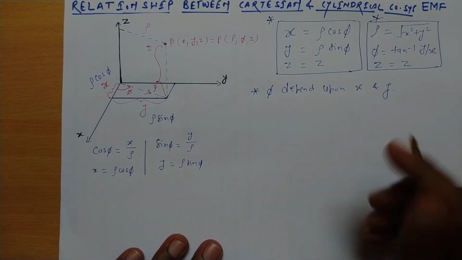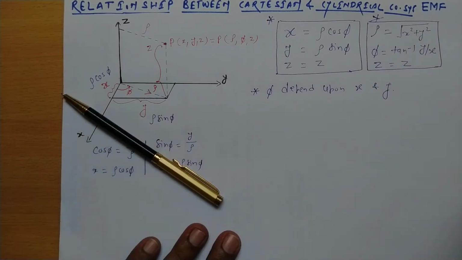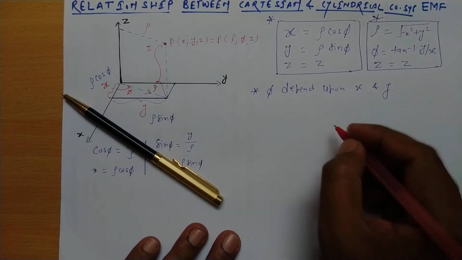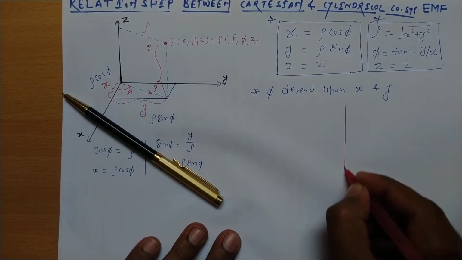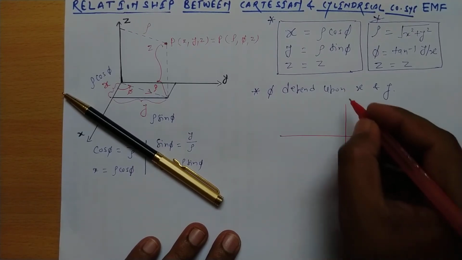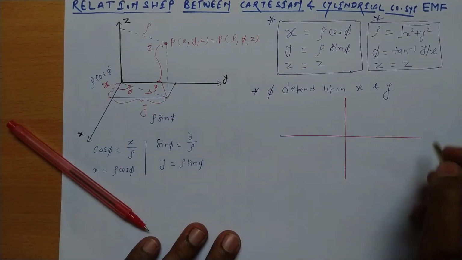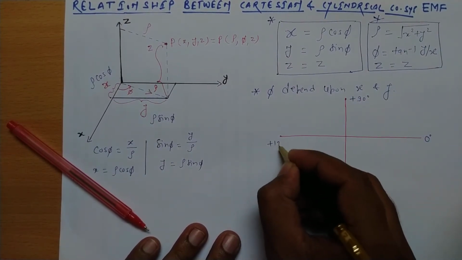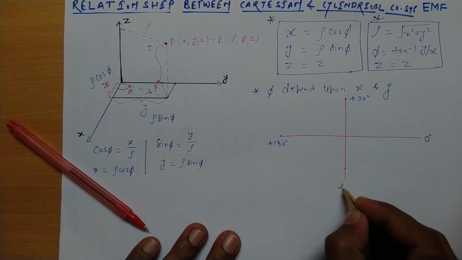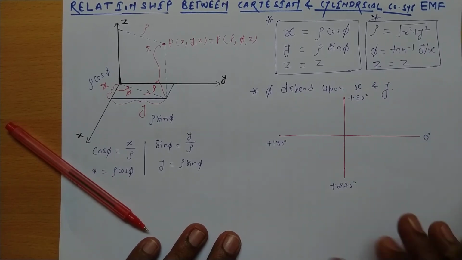In terms of the quadrant system, this is 0 degree, this is plus 90 degree, plus 180 degree, and plus 270 degree in the anti-clockwise direction.